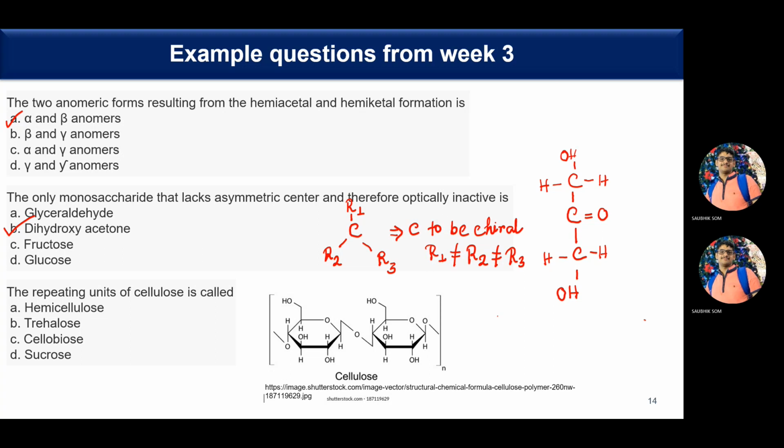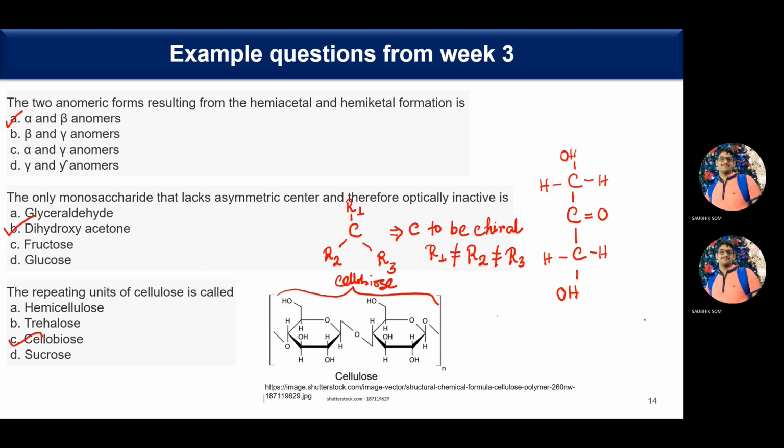The repeating unit of cellulose is known as cellobiose. So this disaccharide is known as cellobiose.